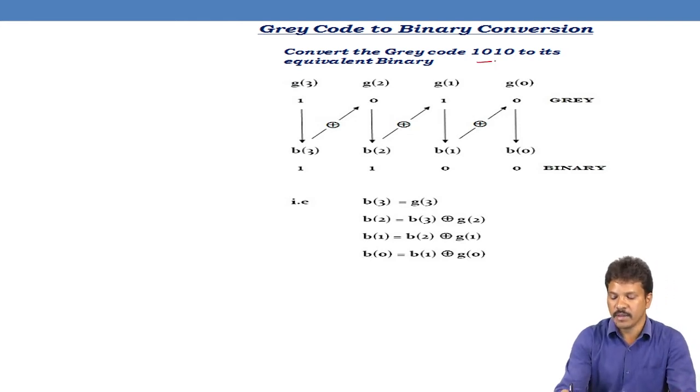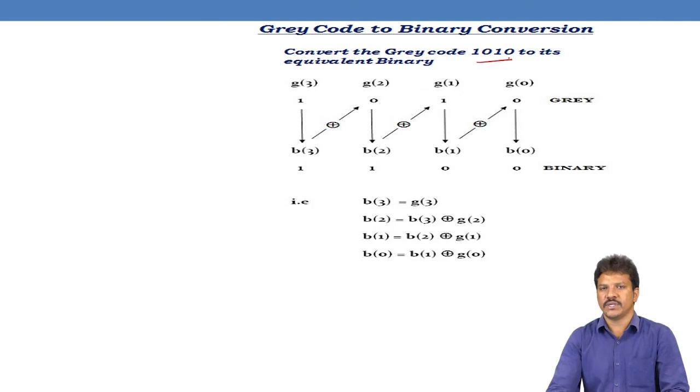Here the given gray code is 1010, and how do we convert this gray code into binary? It is somewhat different from binary to gray code.